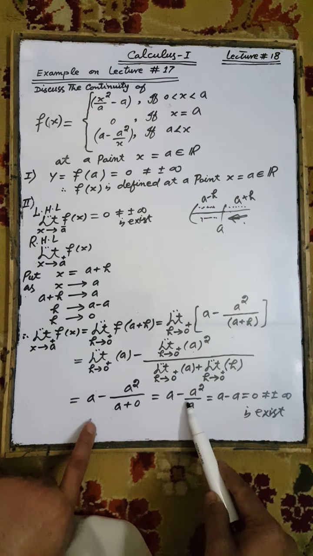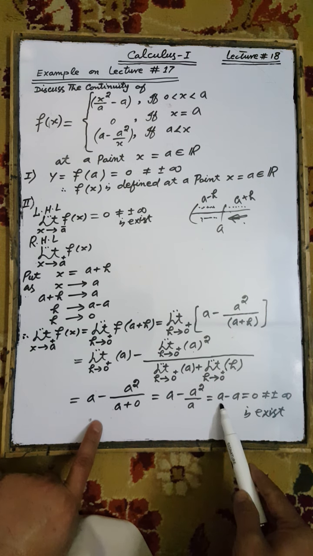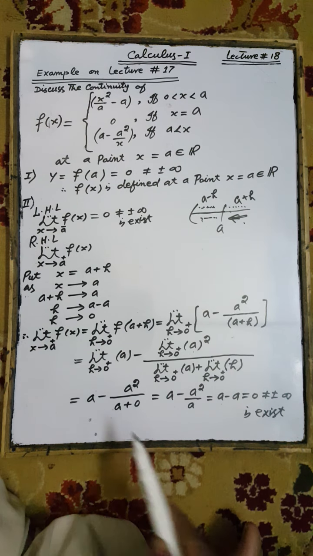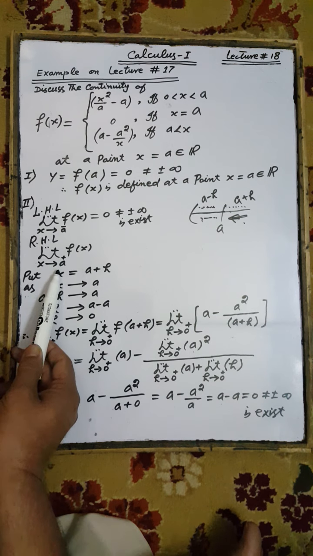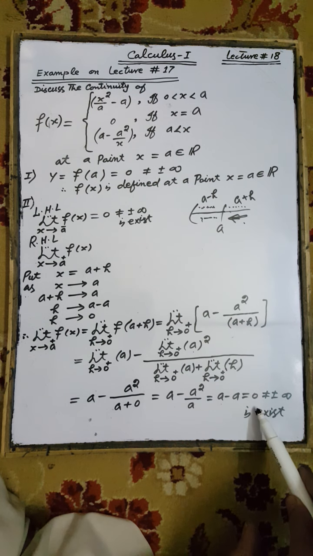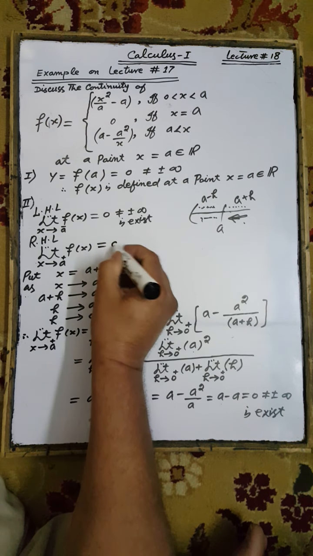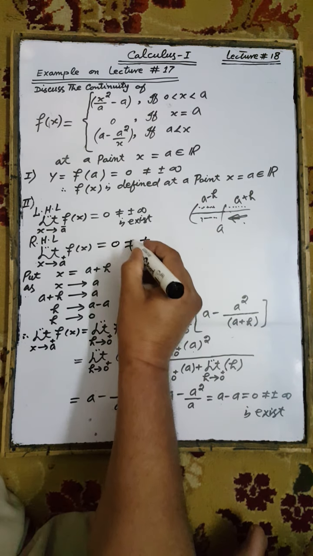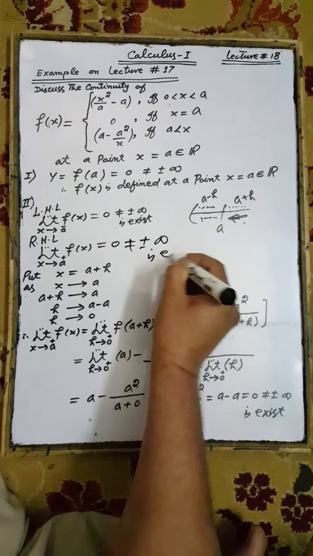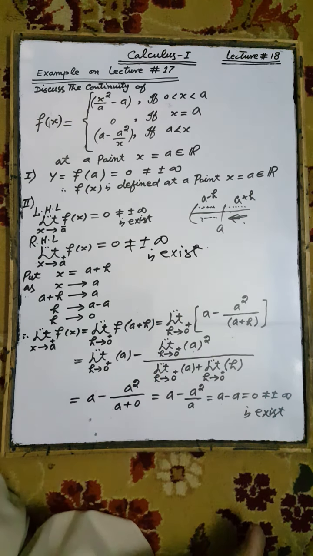After the simplification, a minus a square divided by a is equal to a minus a is equal to 0. That is, the right hand limit of the function f of x at the point a exists and is equal to 0, which is not equal to plus or minus infinity.